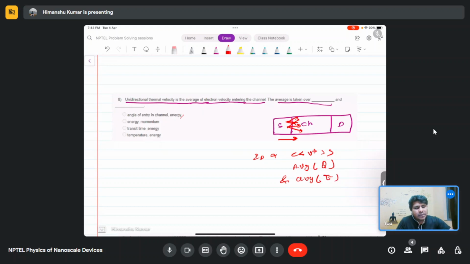So basically, you take the average over all the angles and over all these energy levels, depending on the number of pathways available in the channel region, so you need to take account of all the energy levels. So the correct answer is: the average is taken over the angle of entry in the channel and the total energy.